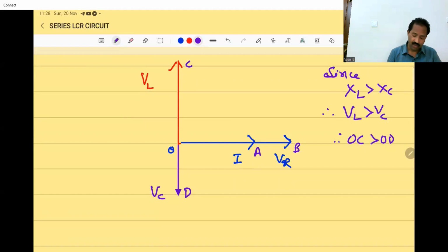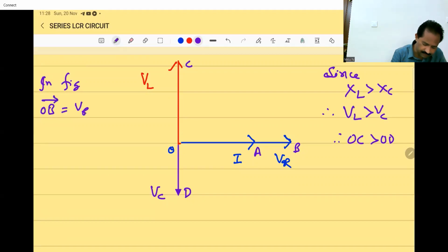Okay, makla. Now in the diagram, vector OA, in the figure, I will write here. In figure, vector OB represents VR. Vector OA represents I. Vector OC represents VL. Vector OD represents VC.